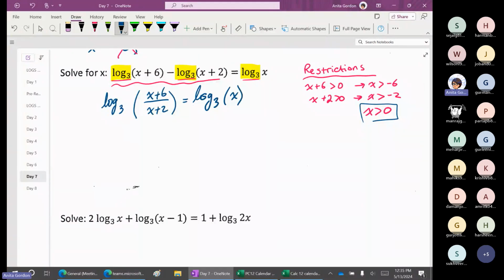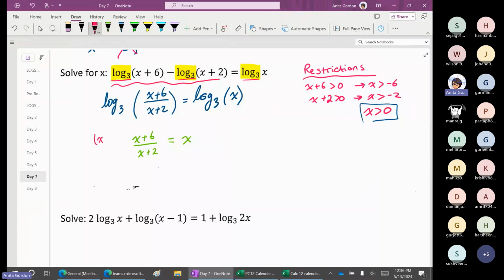Okay, look at rule number 2 at the very top of our page. I have 2 logs with the same base, but different stuff on the inside. If these are equal, that means the inside is equal. So I only have to worry about the inside. So this means that x plus 6 over x plus 2 must be the same as just x because of the rule that we just talked about. And again, this becomes just an algebra question.